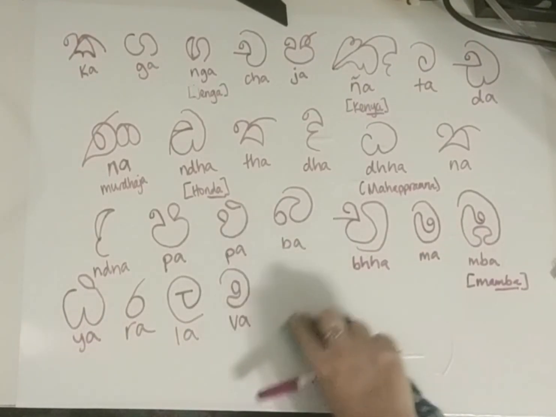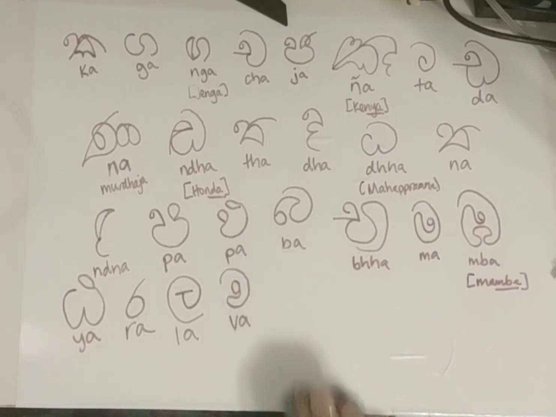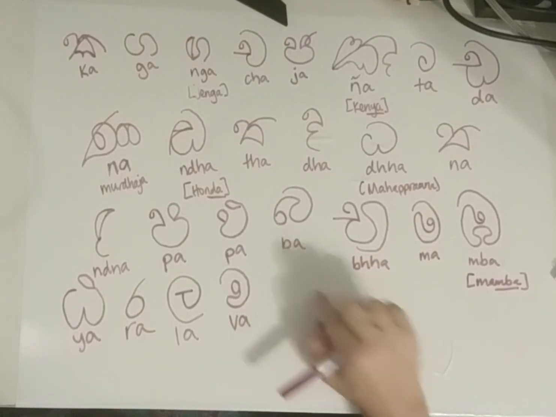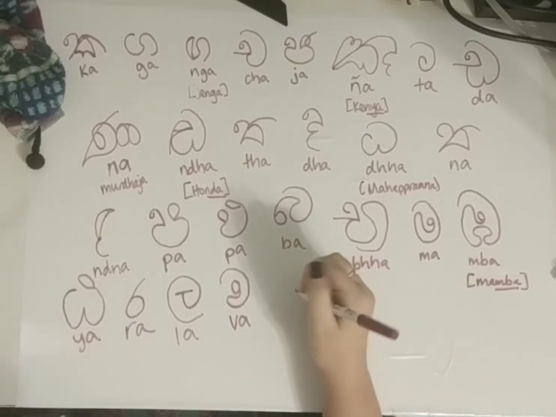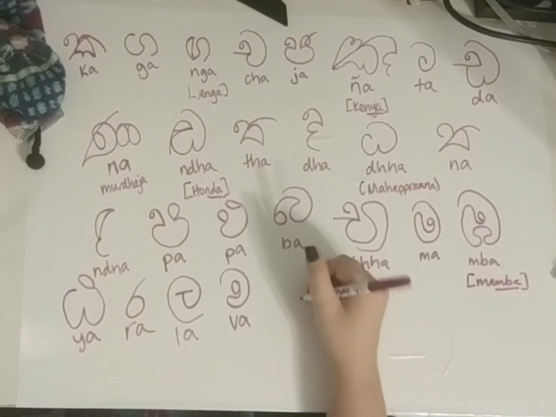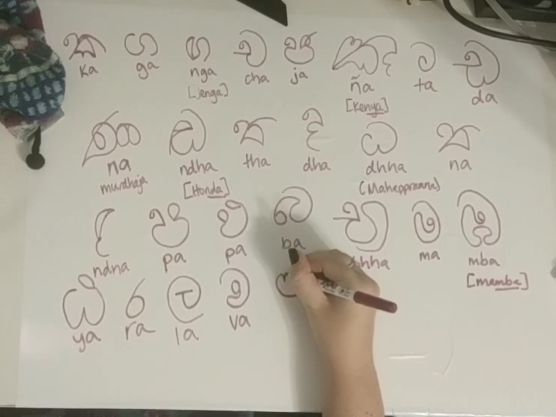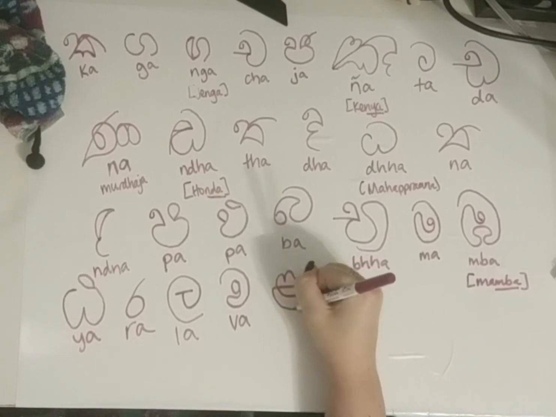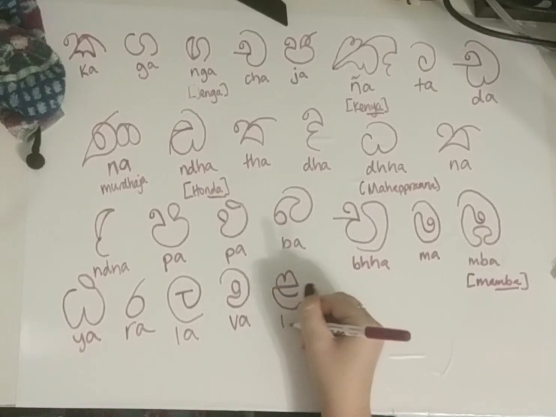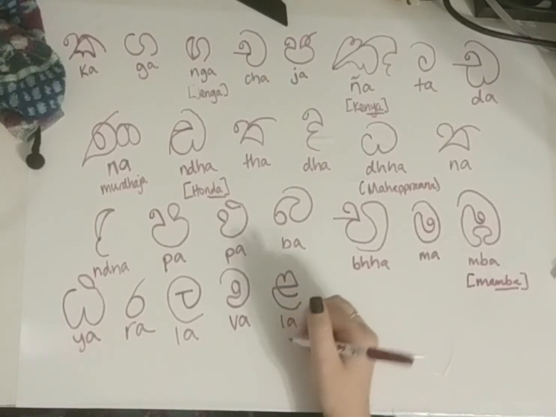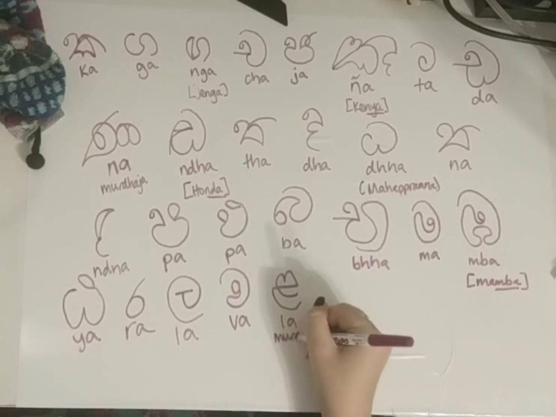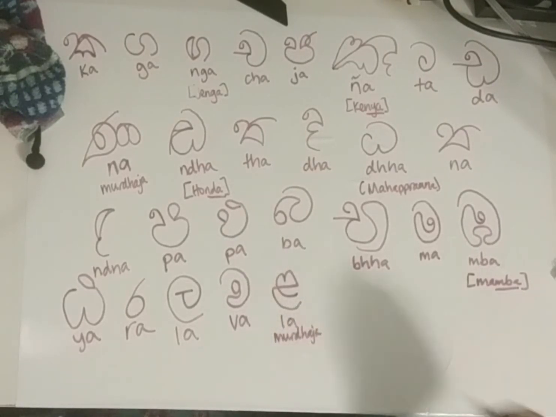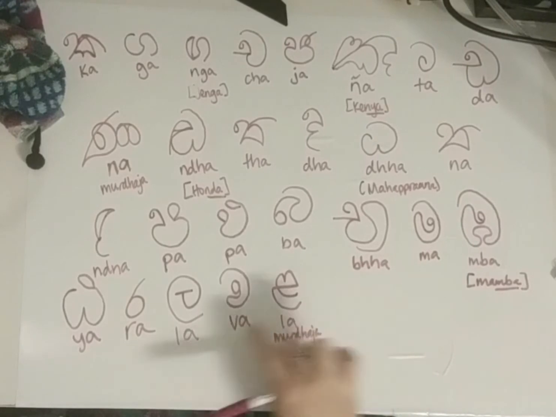A loud car went by right then, so I erased it. I'm blaming this bubble right here. It's the bubble's fault. I wrote it really bad. Okay, now the car is gone. Let me try again. Oh, that's so much better. Okay, it's a la, but it's the Murtaja la. So not to be confused with this la.